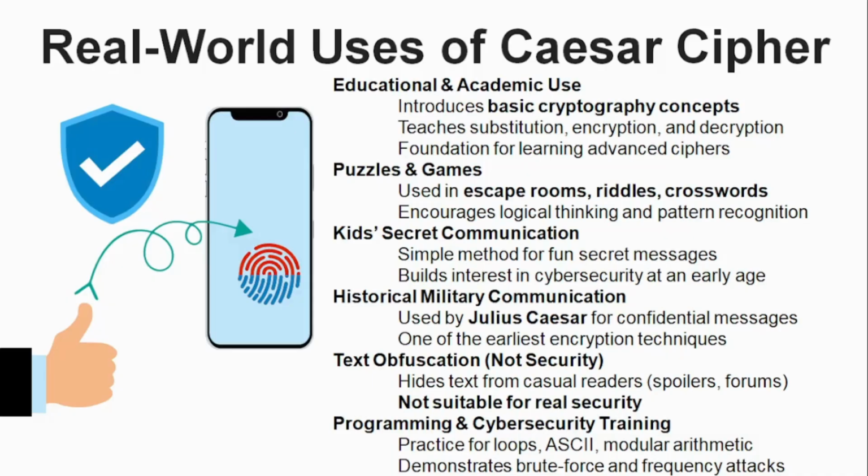It is also used in historical military communication, as it was used by Julius Caesar, the founder of the Caesar cipher, and it is one of the earliest encryption methods. It is also used for text obfuscation, where you can hide spoilers or casual text, but it is not meant for real protection.